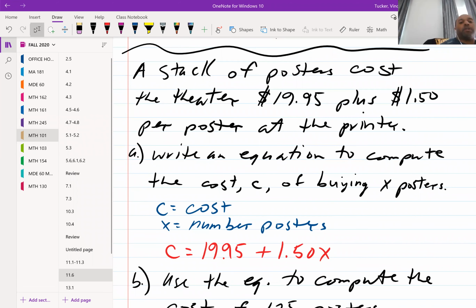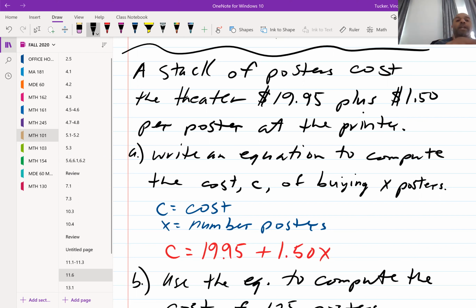A stack of posters costs the theater $19.95 plus $1.50 per poster at the printer. It says write an equation to compute the cost C of buying x posters. So if C is the cost and we call x the number of posters, you see that it costs the theater $19.95 plus.